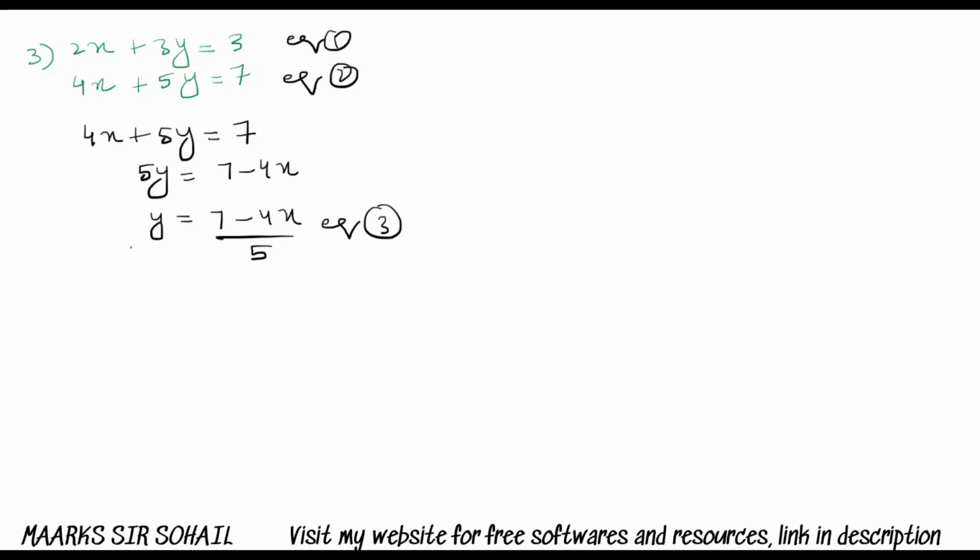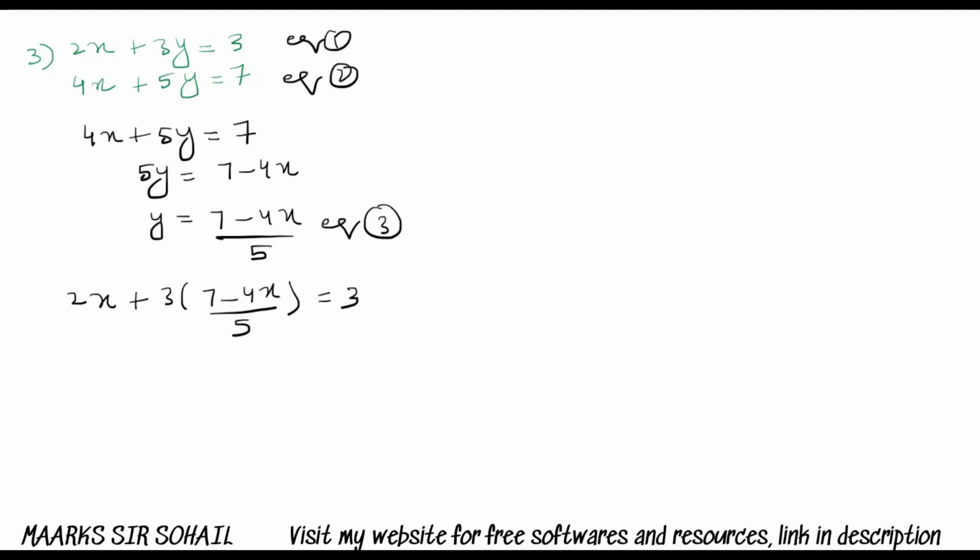Now I'll put this value, since I've considered equation 2 here. Now I have to put the values in equation 1. So I'm writing equation 1, 2x plus 3, and in place of y I'll write (7 minus 4x) upon 5, is equal to 3.